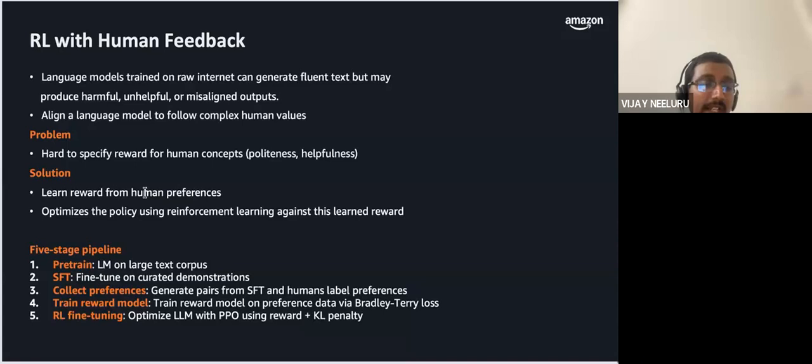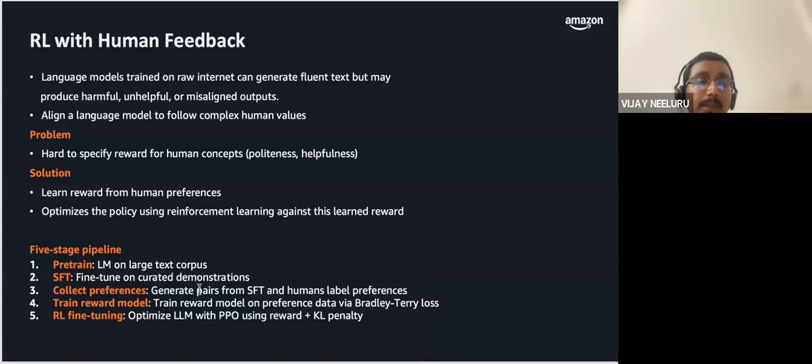Instead of defining a handcrafted reward function, RLHF learns a reward model from human preferences or comparisons and then optimizes the policy using reinforcement learning against the learned reward. There are 5 stages in the pipeline. First, pre-train the language model on a large text corpus, then supervised fine-tuning on curated demonstrations.